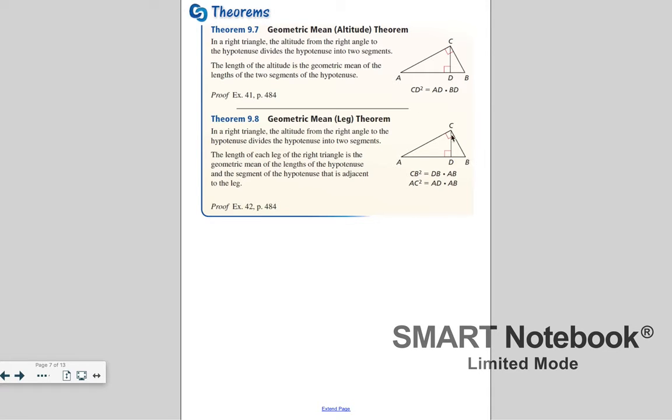And then we found the leg of the large triangle was the geometric mean between the whole hypotenuse and the part that touches it, the segment of the hypotenuse that touches it. And again, we did this yesterday, so that's why I'm not going into a lot of explanation here, because we did a lot of work with that yesterday to figure out why.